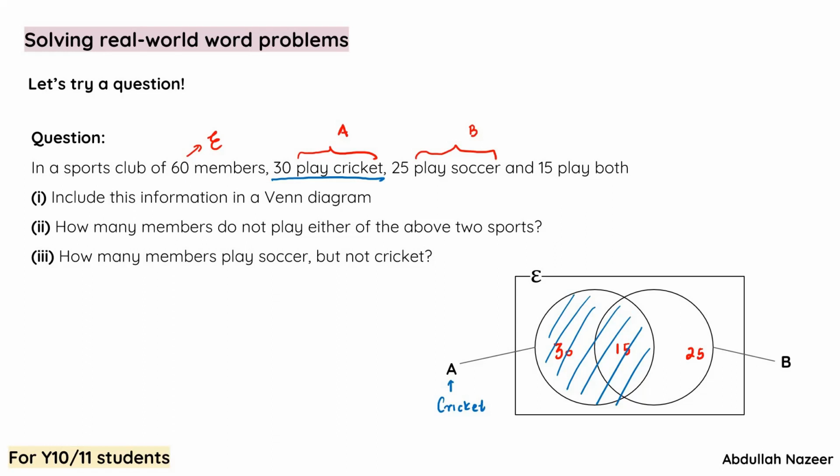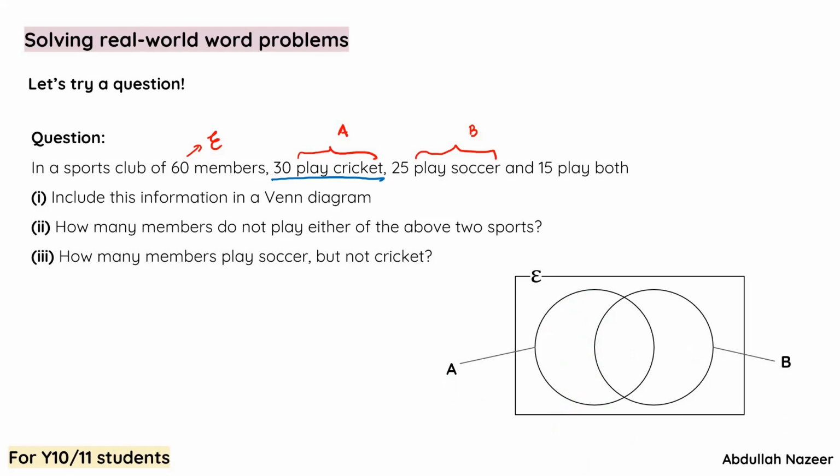Because when you say playing cricket, the entire set A belongs to that statement. So if you're wondering, what do you call this region alone? Well, that region alone is called only cricket. If 30 was that region, then they would have told us 30 play only cricket.